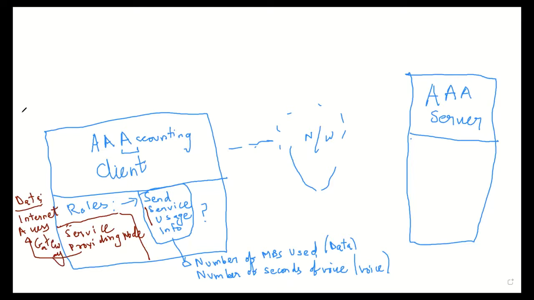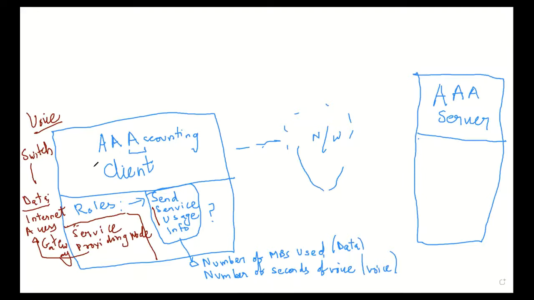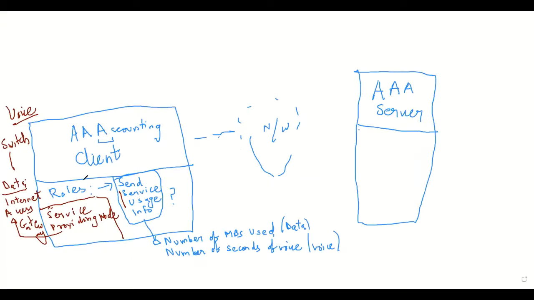This provides data service, and in case of voice, it is some switch, right? It could be a traditional switch, it could be a soft switch, but it is a switch. All right. So the switch basically would provide voice service usage info. The data would provide the data service usage info.